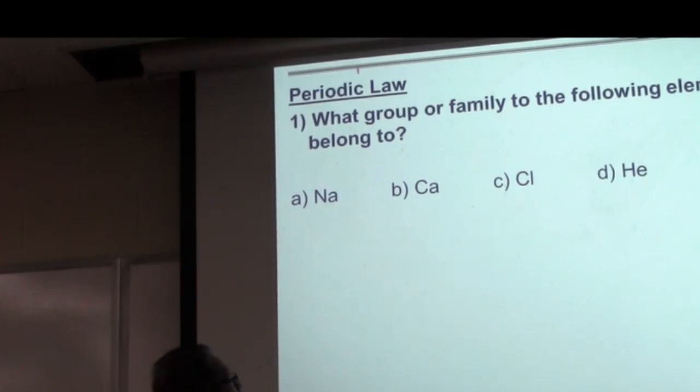Okay, group C is group, what group? 17, 7A. How do you write 7A in Roman numeral? Okay. Halogen. Okay, helium.